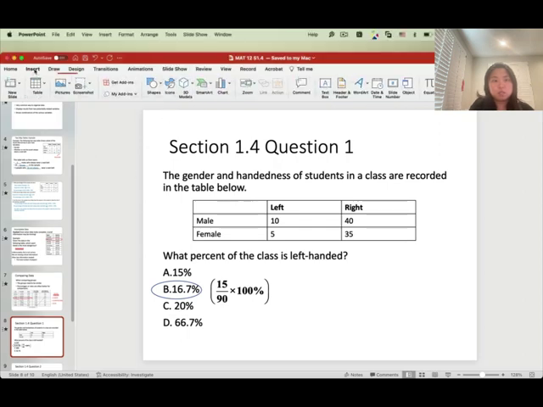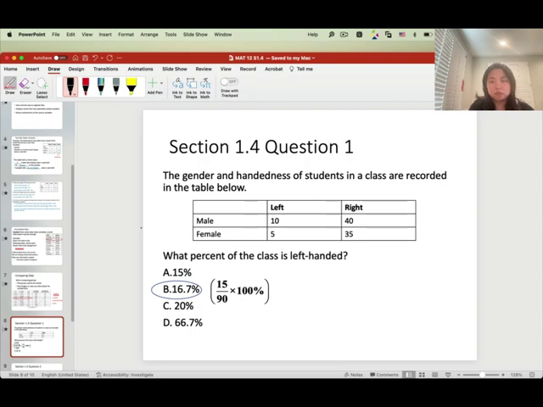Okay, let's do it together here. You should first calculate the totals here. That will be 50 here and 40 here, and this is going to be 15 and 75.